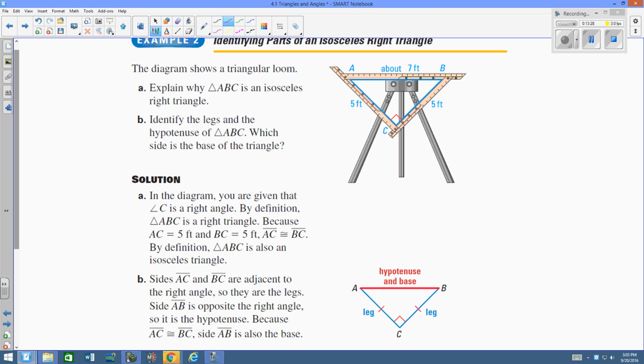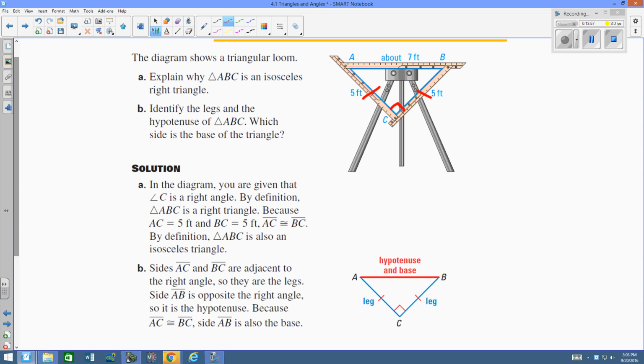If we look at this diagram, we see that two sides are the same, 5 feet and 5 feet. We also see that it has a right angle. So this would be a right isosceles triangle.